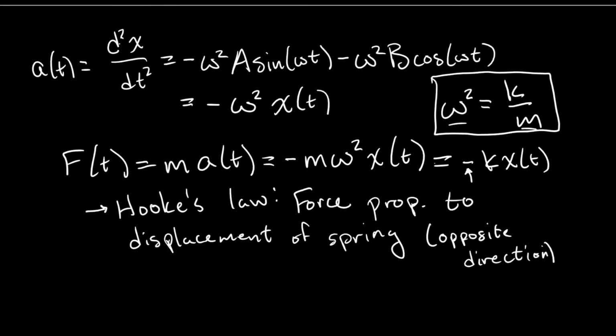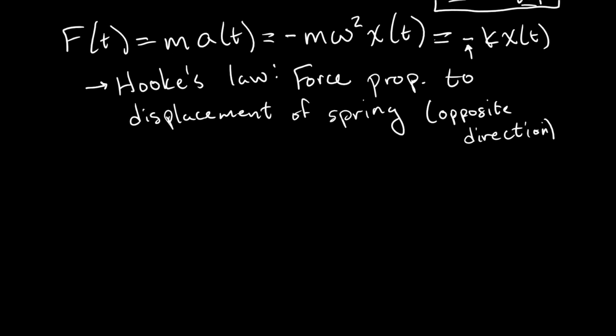So for example, if I hang a ball or a mass from the ceiling and let gravity act on it, you have some g acting down. But I'm also going to have some spring force acting up.